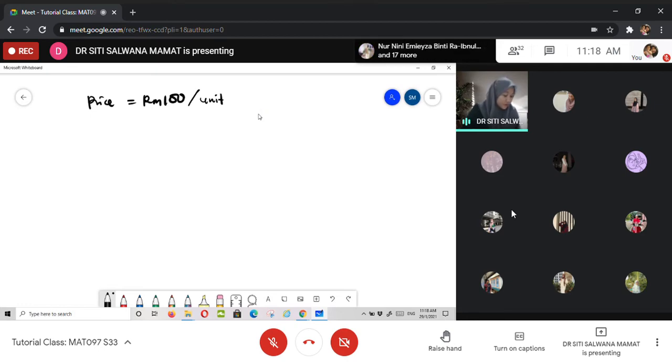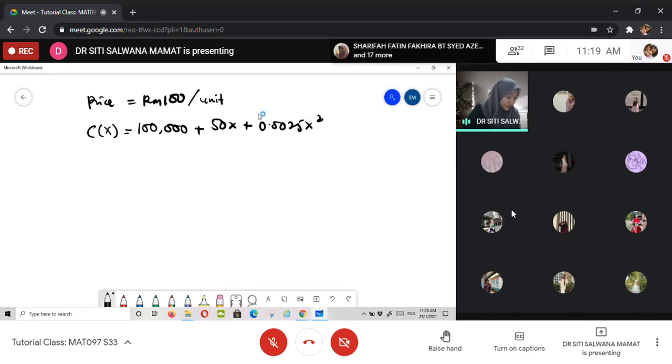Okay, if the daily production cost for X unit, dia bagi you equation C of X. This is the cost of production. So itu equation kita: 50x plus 0.0025 x squared.